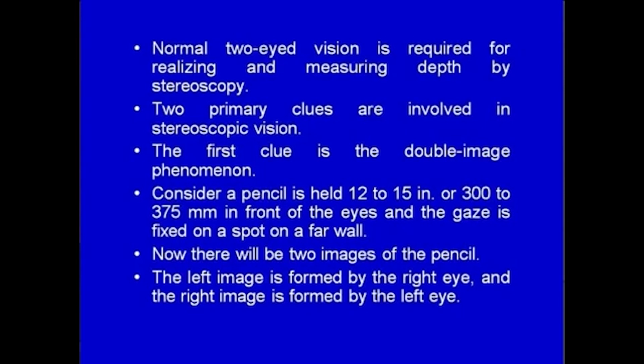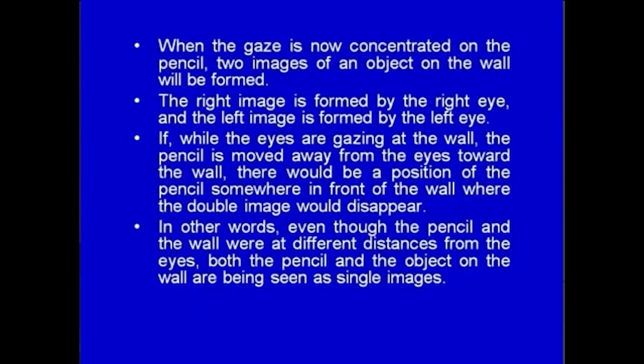The left image is found by the right eye and the right image is found by the left eye. When the gaze is now concentrated on the pencil, the two images of an object on the wall will be formed. The right image is found by the right eye and the left image is found by the left eye.